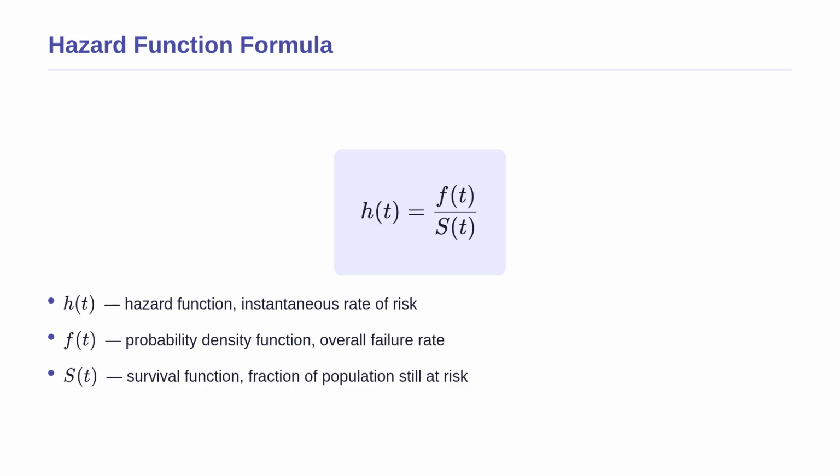This speedometer of risk has a very specific mathematical definition. The hazard function, h of t, is calculated by dividing the probability density function, f of t, by the survival function, S of t. The numerator represents the unconditional, overall rate at which failures are occurring in the entire population.